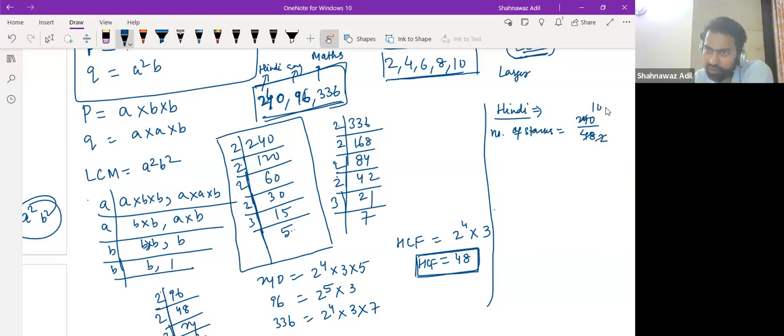This is 5. So 5 stacks of it. And you can clearly see that in English, you will have 2 stacks. And in mathematics, 7.